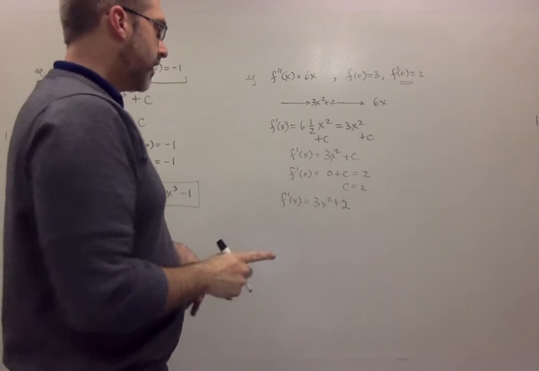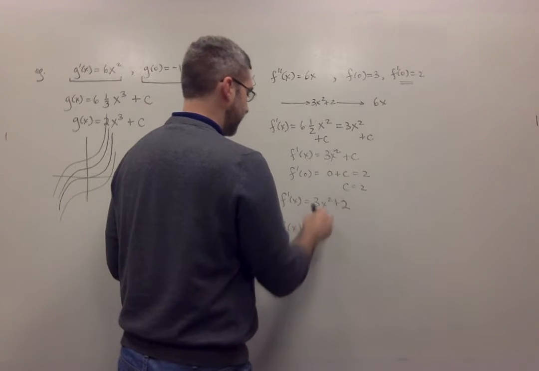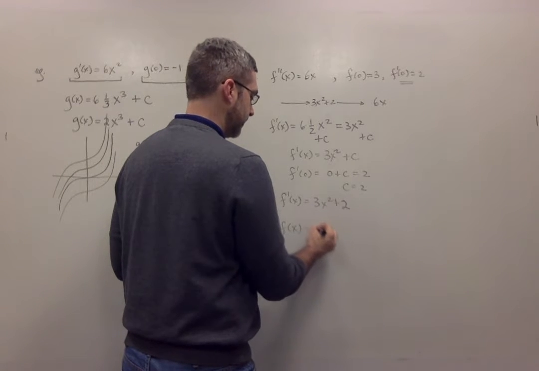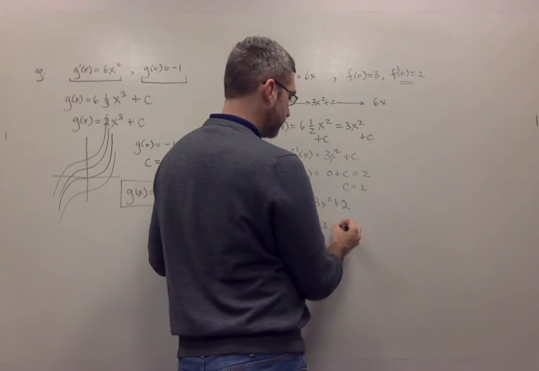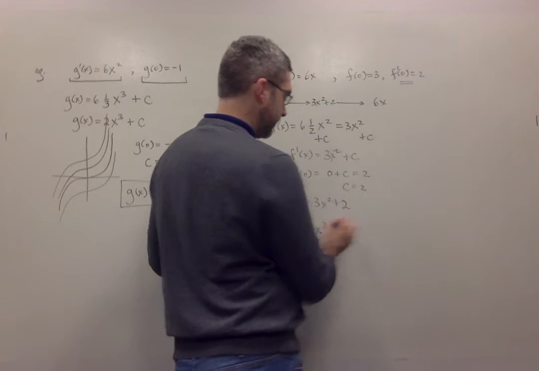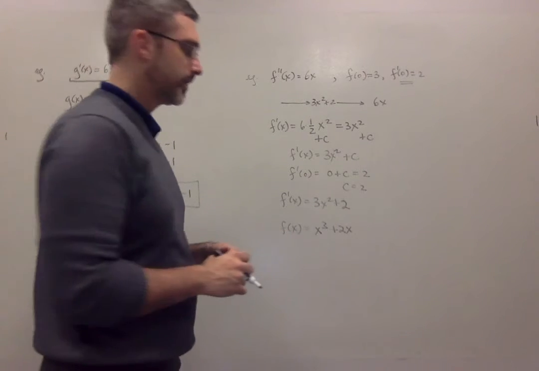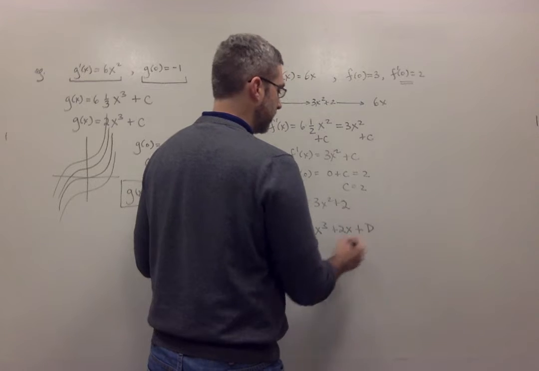So now let's look at the original function. Now 3x squared is kind of set up nicely. 3x squared is going to come from x cubed, so I don't even have to do anything there. 2 is going to come from 2x, right? If I differentiate 2x, that's what's going to give me 2. But I could have some other constant. I'm going to call that constant d.